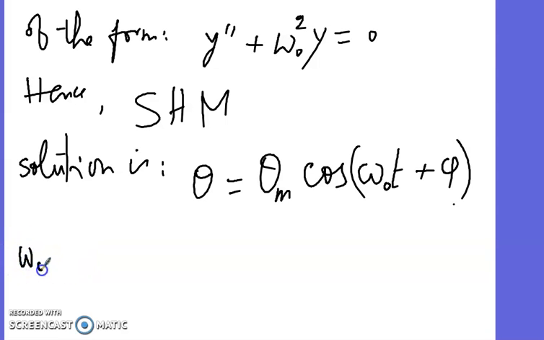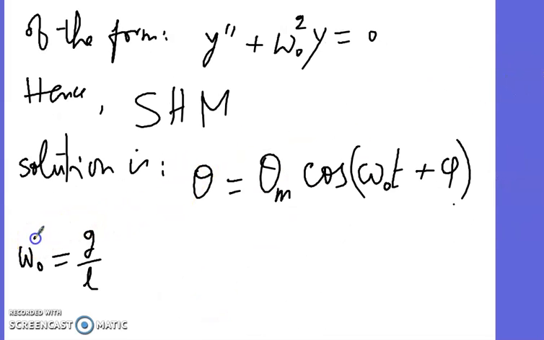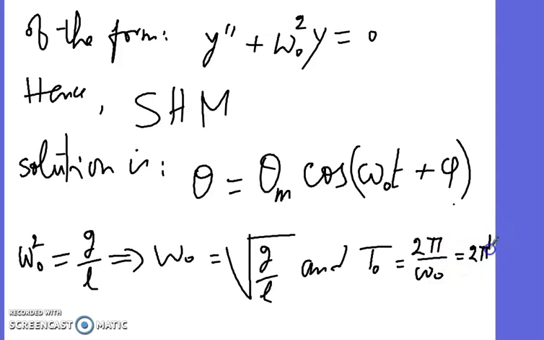You know, omega 0, which is the angular frequency, equals what? If you make the comparison, omega 0 squared is g over L, right? This implies omega 0 is the radical of g over L, and consequently the proper period, which is 2 pi over omega 0, becomes 2 pi radical L over g.